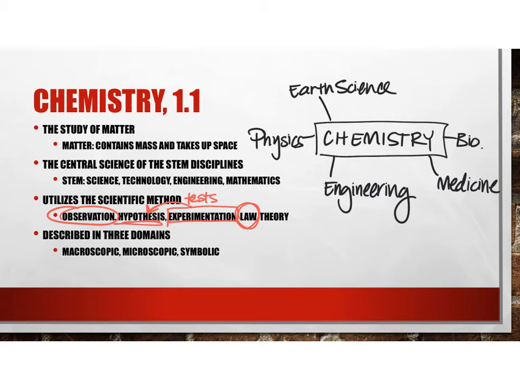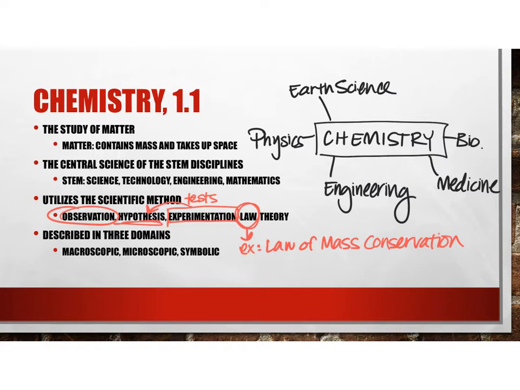So an example of a law would be the law of mass conservation. So what this law states is that matter, or anything that has mass, is not created or destroyed in a chemical process. And no experiment has ever disproved this law.